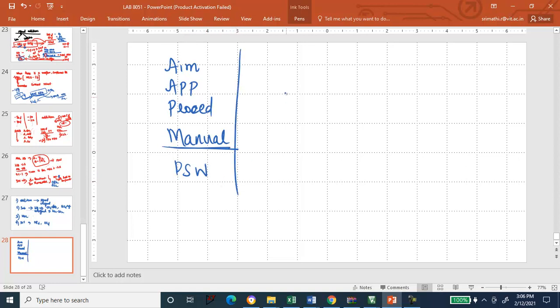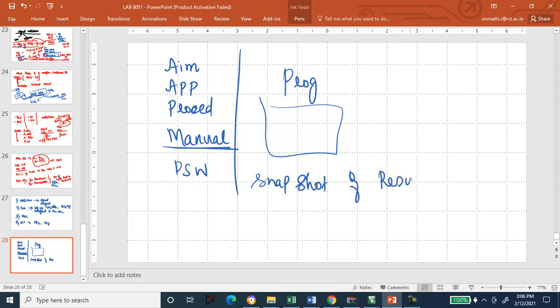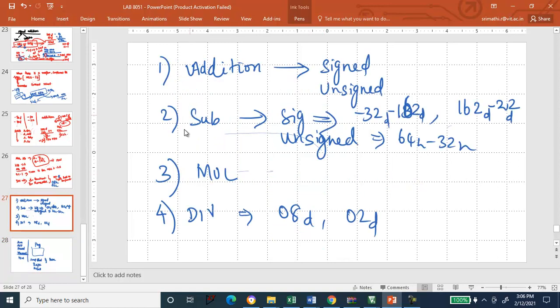Then do your coding program, the snapshot of your result, your observations, and then the inference. So for each of these four categories, I have done only 8-bit.